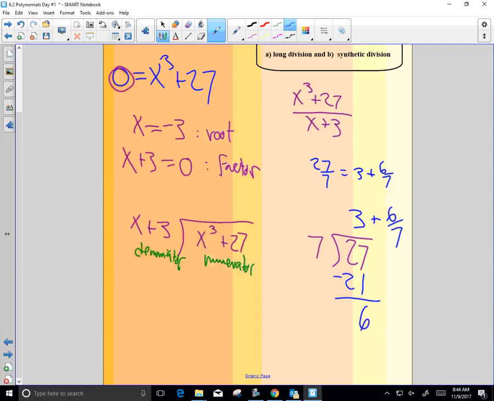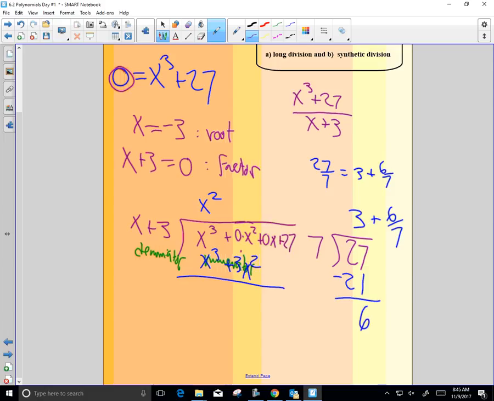x times what is x squared? x times x squared is x cubed. 3 times x squared is 3x squared. Now, when I subtract these, what essentially happens to this 27 is the 27 gets moved way down here, plus 0x squared plus 0x plus 27.